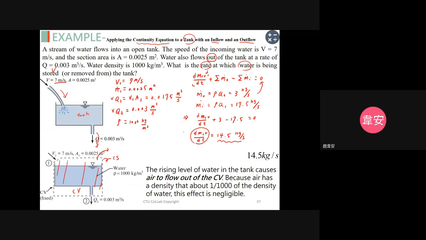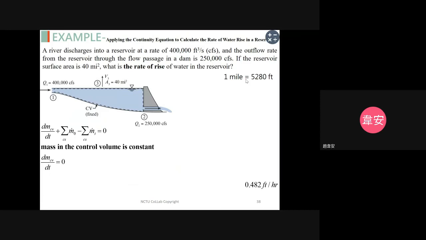And for this problem, this is positive, so we know that water is being stored. Okay. So next, this is another exercise. Also, the question requires us to apply the continuity equation to calculate the rate of the water rise in the reservoir.